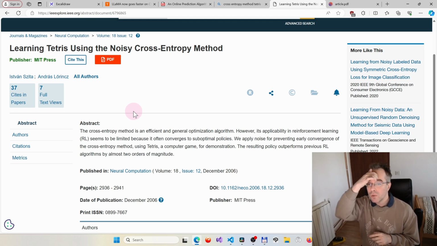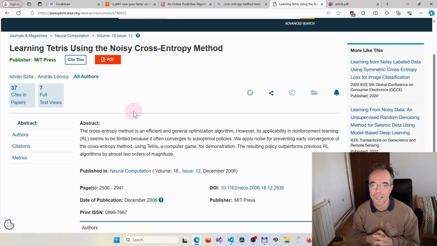We apply noise for preventing early convergence of the cross entropy method using Tetris, a computer game, for demonstration. The resulting policy outperforms previous reinforcement learning algorithms by almost 2 orders of magnitude. By previous reinforcement learning algorithms, I'm guessing they mean stuff like policy gradients.